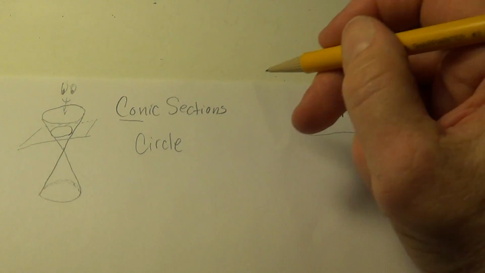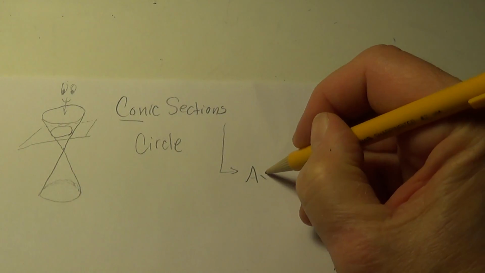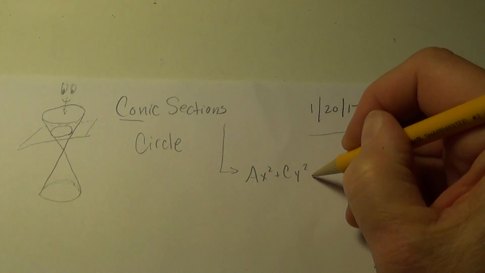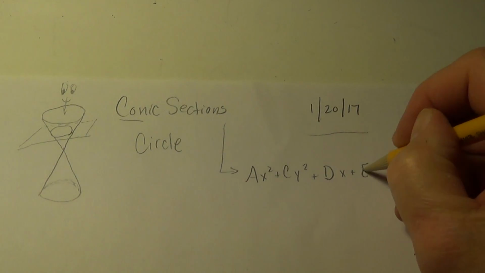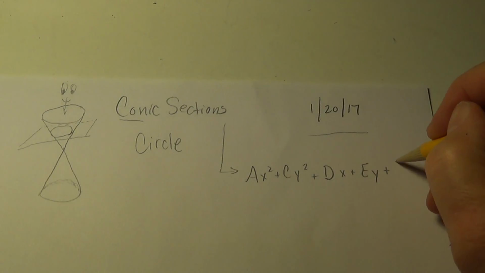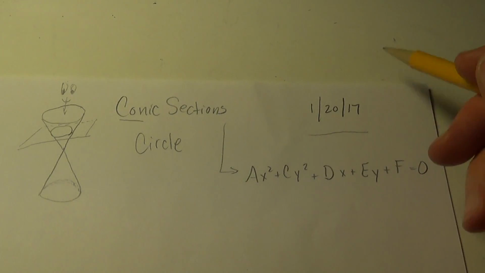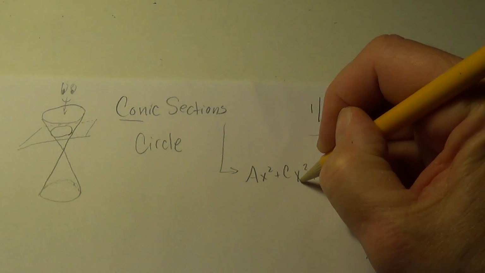Any conic section will follow this equation: ax squared plus cy squared plus dx plus ey plus f equals 0, where x and y... what am I doing? These are all x's.